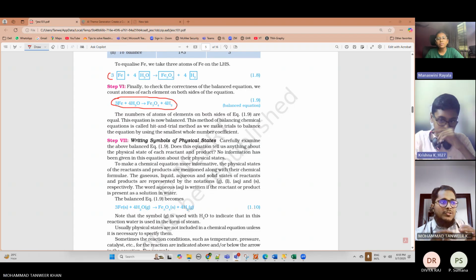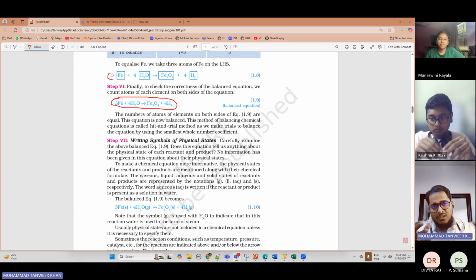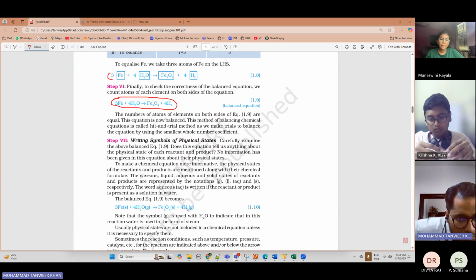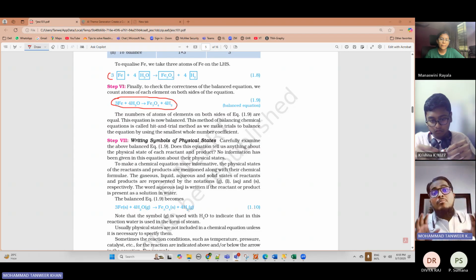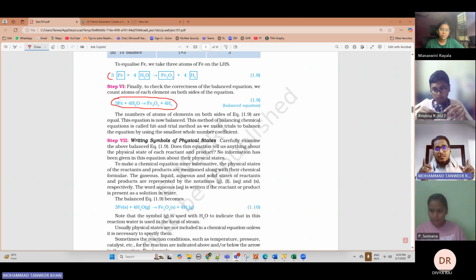Okay. So whenever you're writing any chemical equation, point number one, you have to mention all the reactants. Point number two, you have to mention all the products. Point number three, that chemical equation must be balanced. Got it? We saw yesterday how to balance a chemical equation.